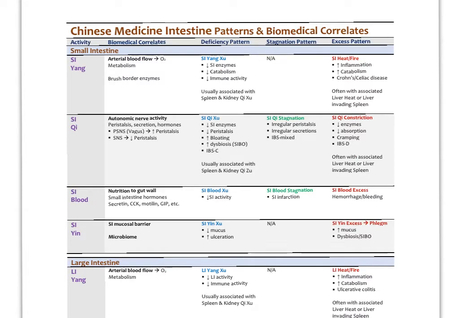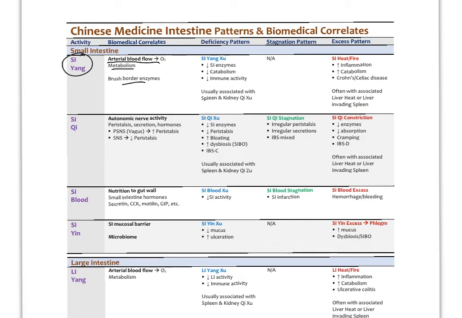I think these correlative patterns should be fairly obvious to you by now. Looking at what we might call small intestine yang, this really refers to the arterial blood flow metabolism, and that would relate to the ability of the small intestine to receive enough oxygenation, to have proper function of the brush border enzymes as part of the final process of carbohydrate and protein digestion.